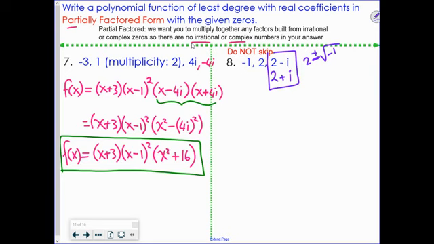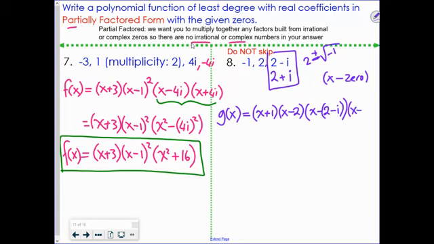So my polynomial, let's call it g of x this time. We have x minus minus 1 is x plus 1, x minus 2. What we're doing is x minus the zero. x minus the zero we're given. So we have x minus 2 minus 1i and x minus 2 plus i.